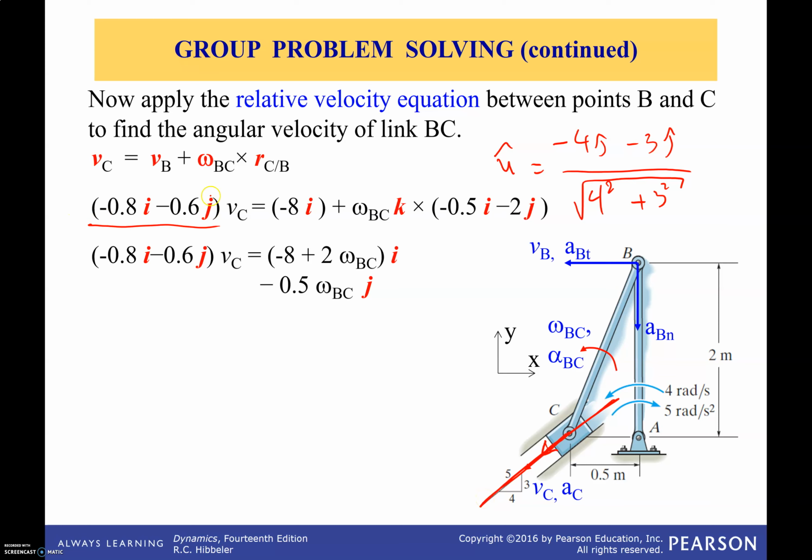So the unit vector times the speed of C is equal to the velocity of B, which is this vector here, plus the velocity of C relative to B, that's omega BC in the k direction, crossed with the vector that goes from here all the way to here, which we find using these 2 and 0.5.